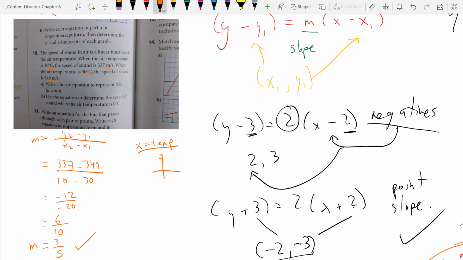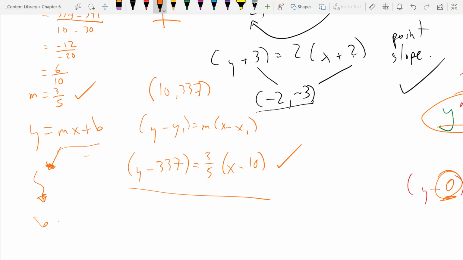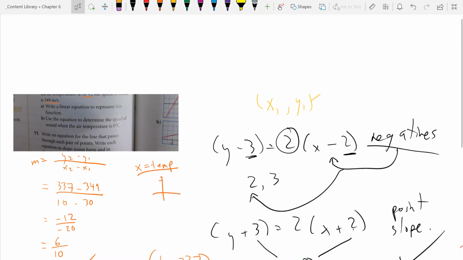So I'm going to sub in the point, the first one they gave us is fine, 10, 337. y minus 337 equals 3 over 5 times x minus 10. And that's it, we're done. If we did it the other method, it would work. We just have to do more calculations to find out what b was. So either way is correct. It doesn't matter, but that's how we do it.